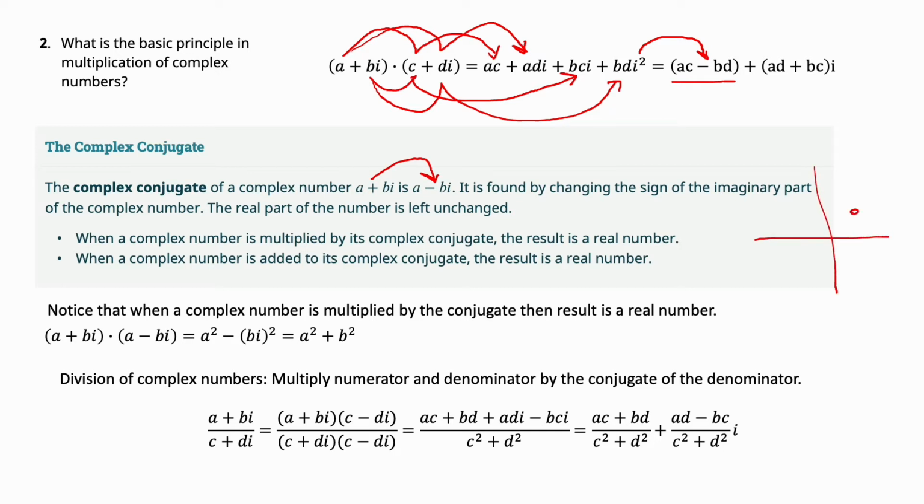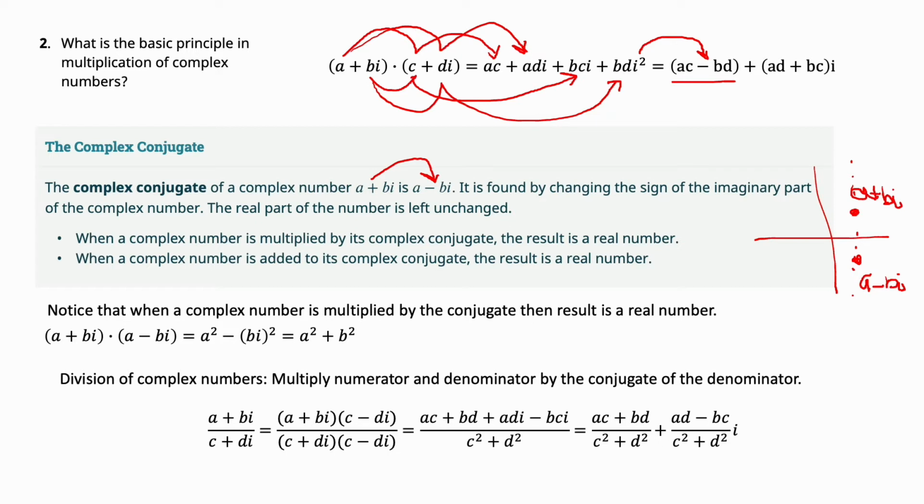If I have a plus bi up here, all it is is a reflection around the x-axis, so this is the same distance. So the a is on the real axis like this, and then this is a minus bi. So that's what a conjugate is, just the opposite side of the real axis.